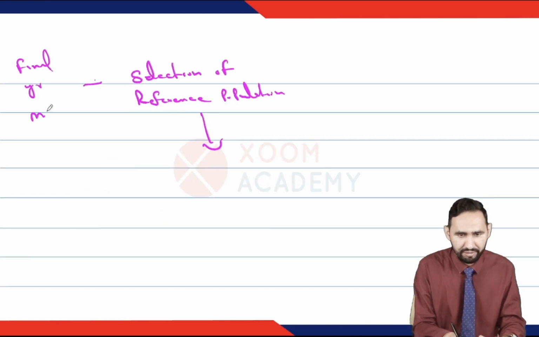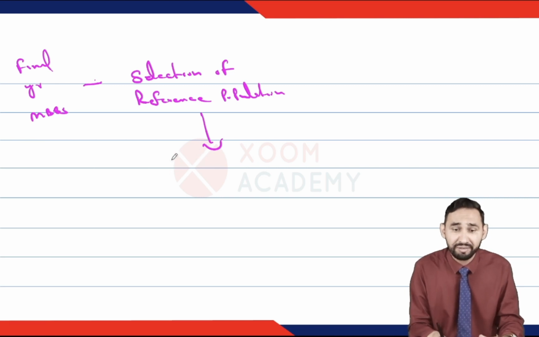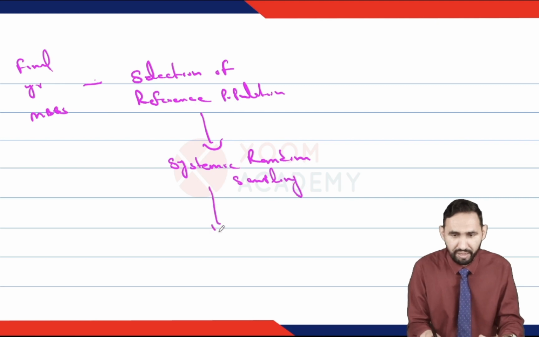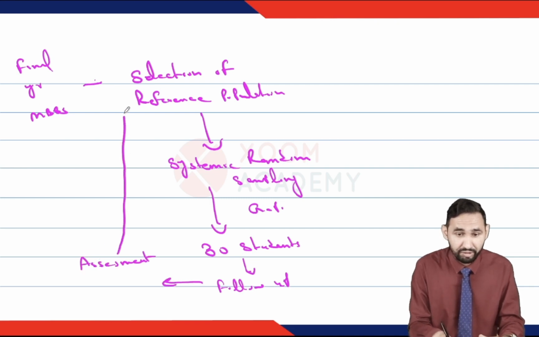Now you will apply systematic random sampling. You will devise a gap and you will select 30 students. You will do follow up, make your assessment, then apply these results on the total population.